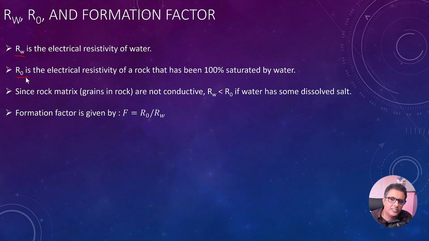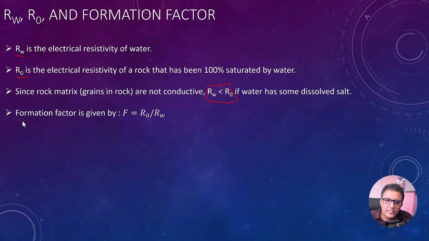So R0 refers to a rock that has zero hydrocarbon saturation and is 100% saturated by water. The rock is composed of grains that are not conductive and a fluid that is conductive. As a result, if we compare these two resistivities, R0 is always greater than RW.